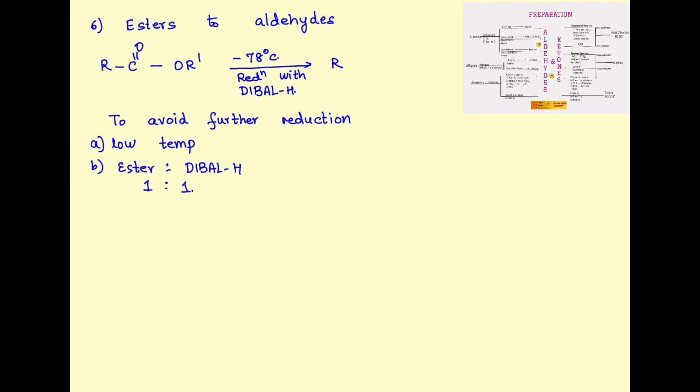So just break it down here, H and H. I repeat, this is not the mechanism, but this is an easy way to remember how to write the reaction. So go ahead, CH3, C double bond O, O, C2H5.